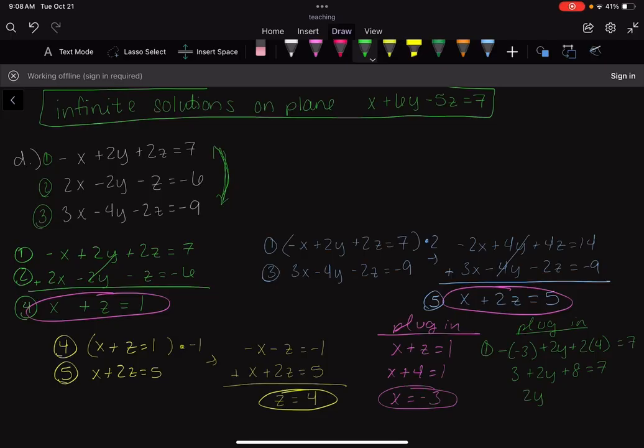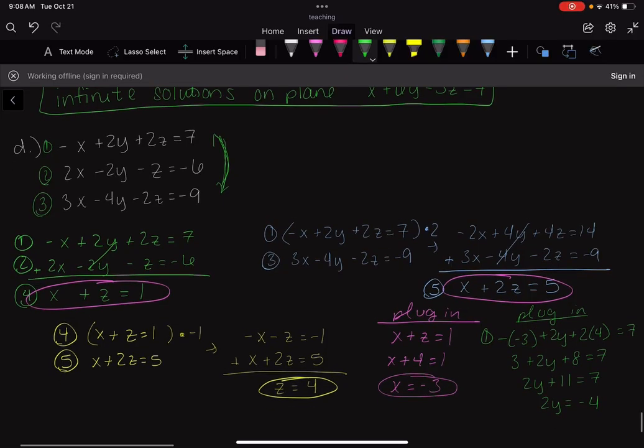So this is 2y plus 11 equals 7. Subtract over that 11, so I get 7 minus 11, which is negative 4, and divide by 2, so I get y equals negative 2.